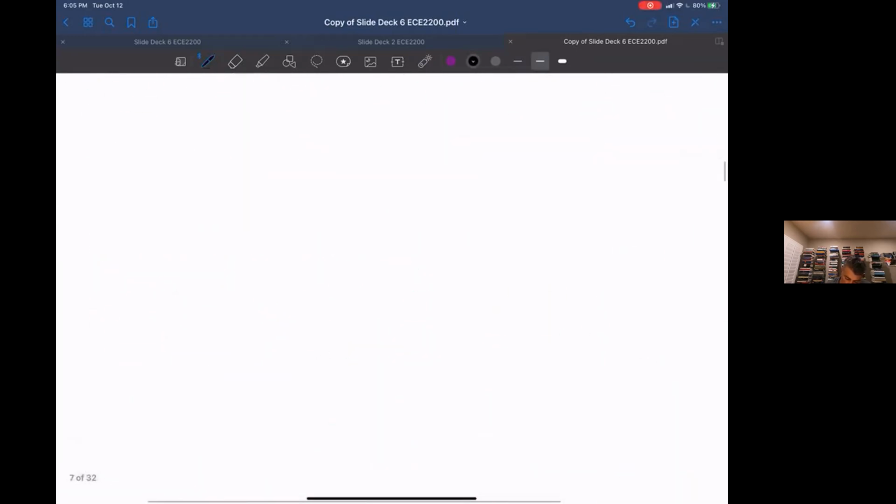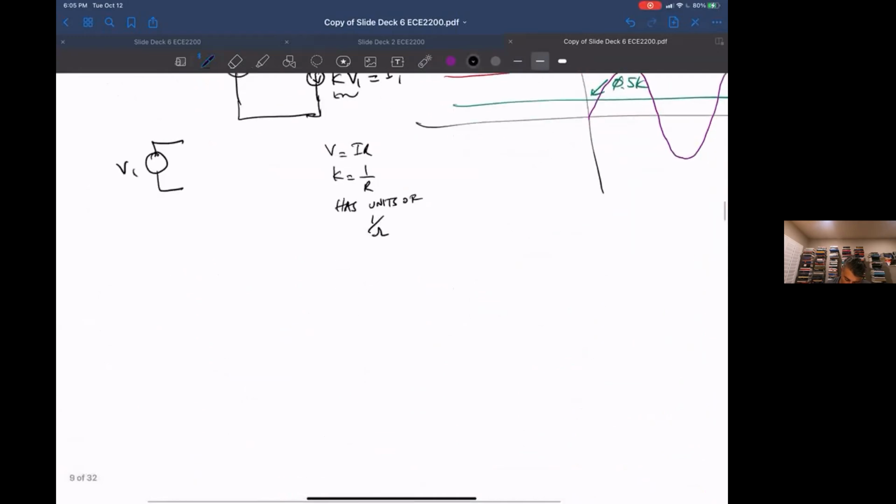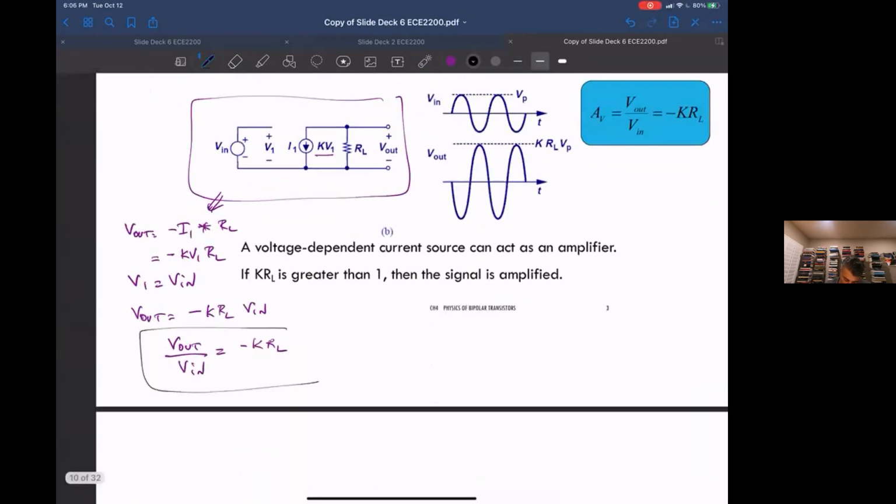If we use the same definition here, when we have this ratio of V out to Vin, this is the same as the gain of our circuit, the same as the gain of this guy. So the gain is this function of your voltage dependent current source, K, times this resistance R sub L. Okay, so that becomes the gain of that circuit.